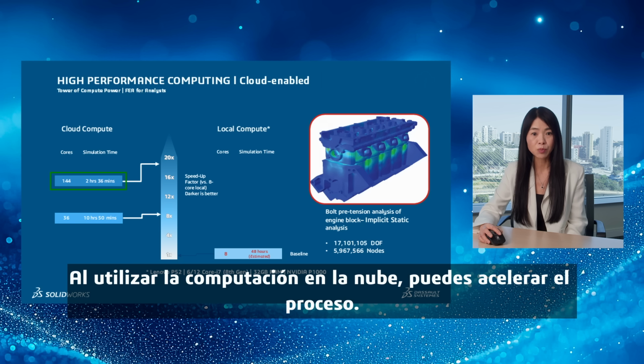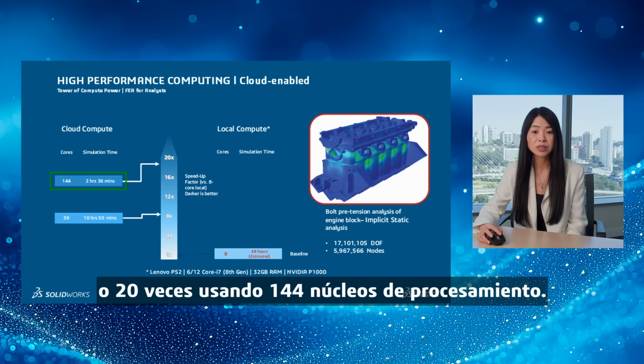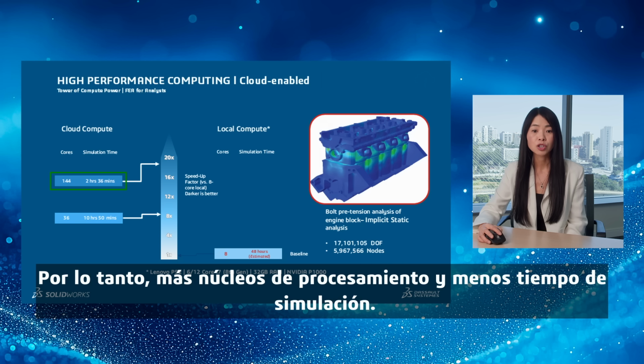Whereas using cloud computing, you can speed it up by 8 times by using 36 cores, or 20 times using 144 cores. With cloud computing, you can run much larger models much faster. So more cores, shorter simulation time.